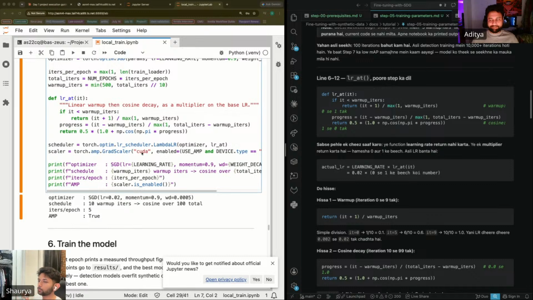Do you understand this if loop? What is it doing? Max of 1.